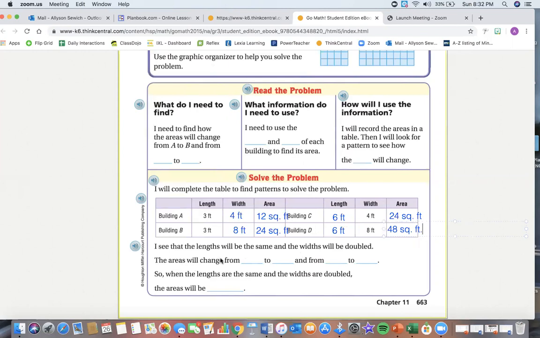The areas will change from, so with A and B, it changed from 12 square feet to 24 square feet.